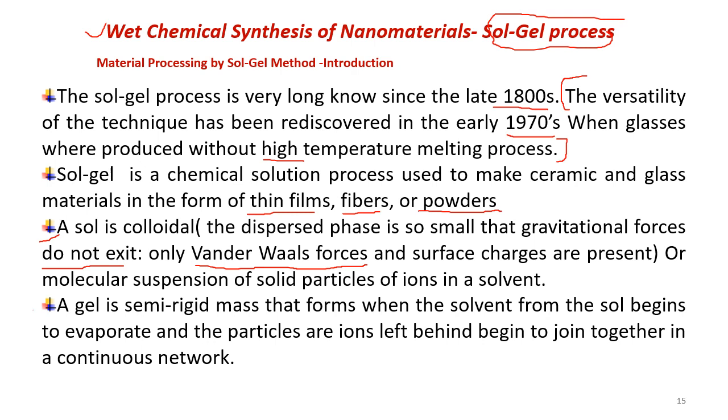Next, we convert this into a gel form. The gel is a semi-rigid mass that forms when the solvent of the sol begins to evaporate. Here we put the sol through a condensation process where we evaporate the water content, and it begins to dry up and the particles or ions are left behind, which join together and form networks.